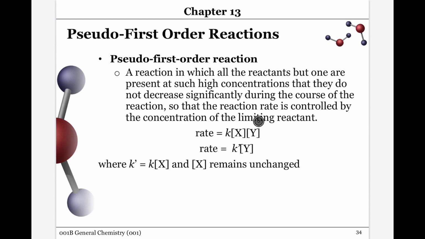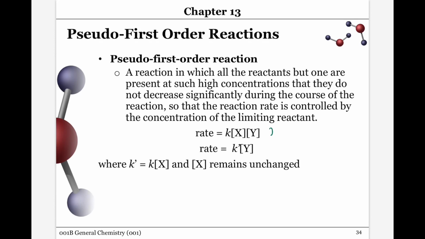When we simplify this process and generate a pseudo first order reaction, what that means is that we're increasing the concentration of one of the reactants such that it's essentially unchanged during the reaction itself.